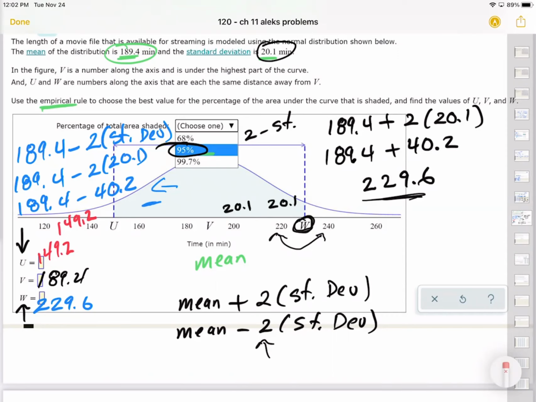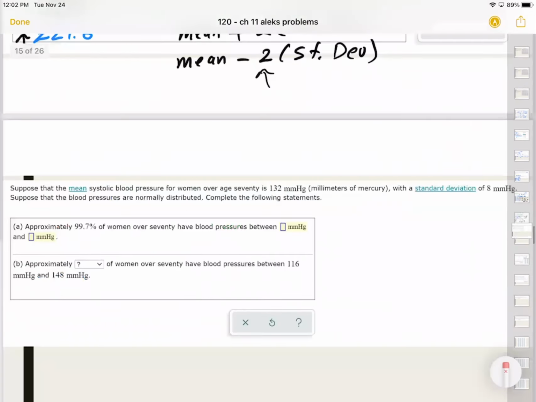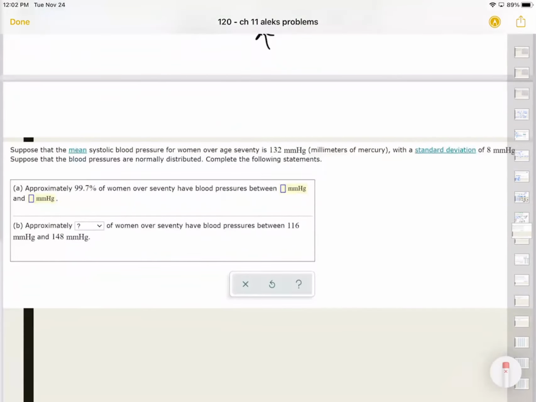And let's take a look at this last thing that I think you guys have problems with. They ask you: suppose the mean blood pressure for a woman over the age of 70 is 132 mmHg, millimeters of mercury, with a standard deviation of 8 mmHg. Suppose this is normally distributed.